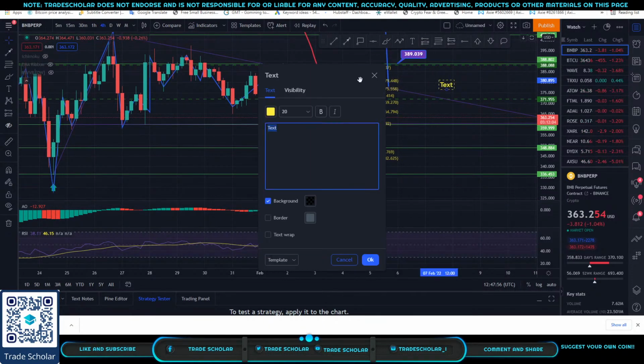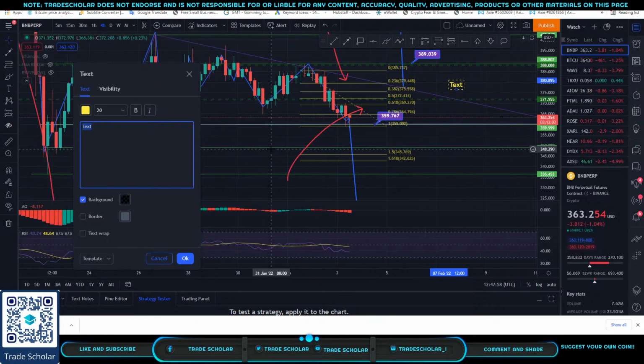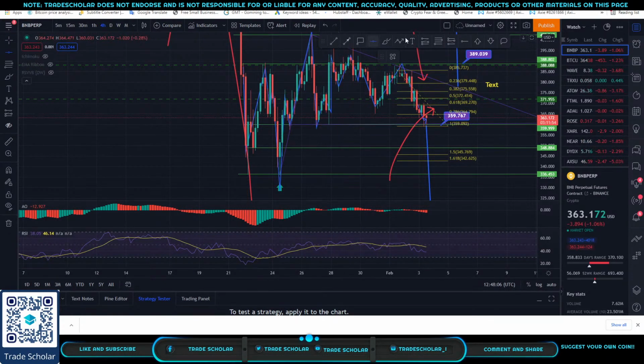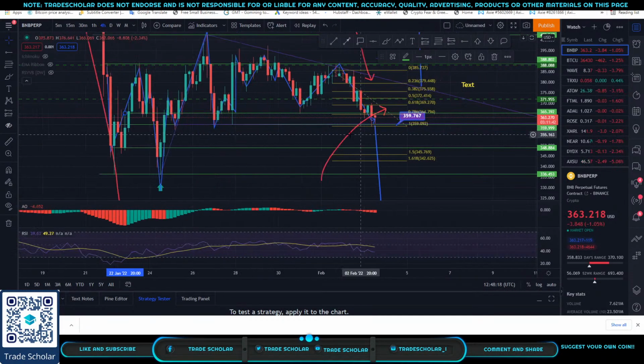Let's put X here. Let me draw trend. This is triple top again. And this is your breakout area. Okay, this is the breakout area.